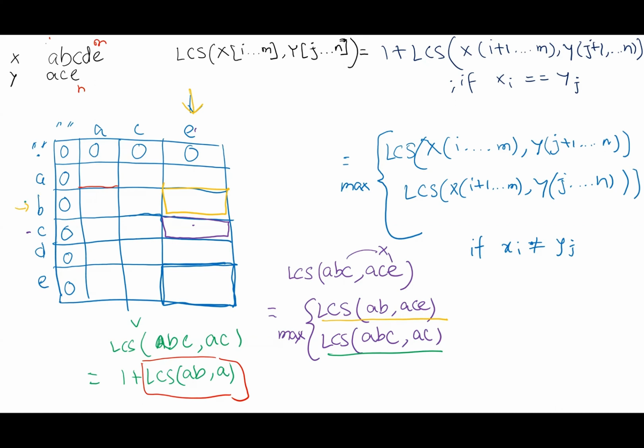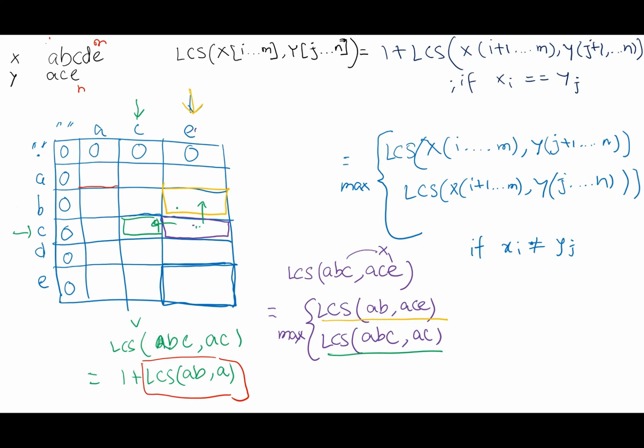So ABC is here and AC is here, right? So this is this. Okay, so that means if there is a mismatch of characters, we either go to the top or go to the left.